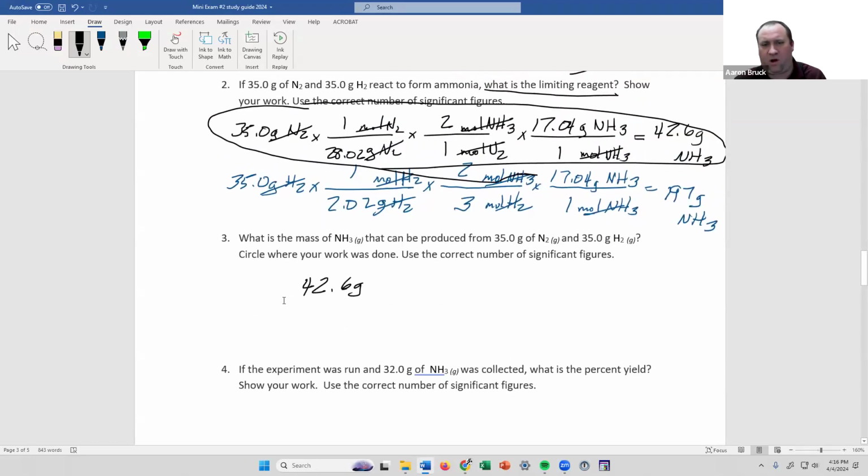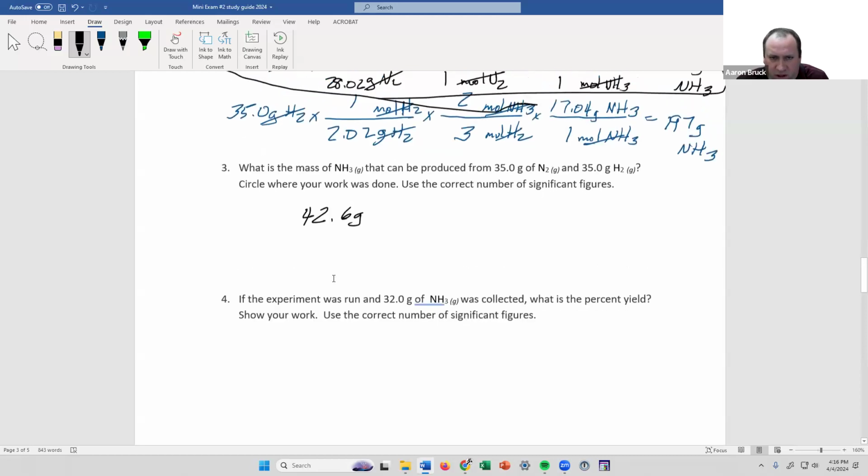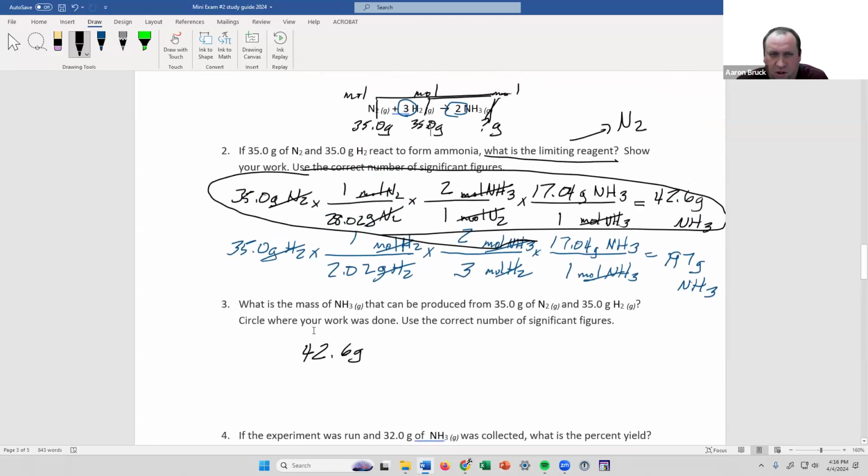So before we move on to this last question here, where we talk about the 32 grams of ammonia and figuring out the percent yield, what if, I mentioned there were multiple ways to do this problem.